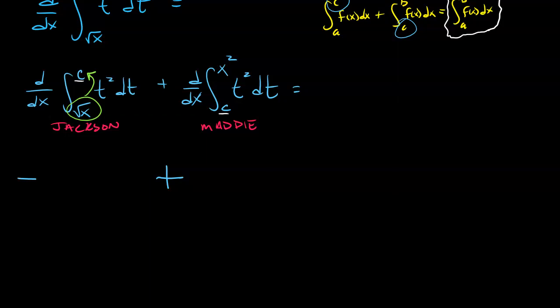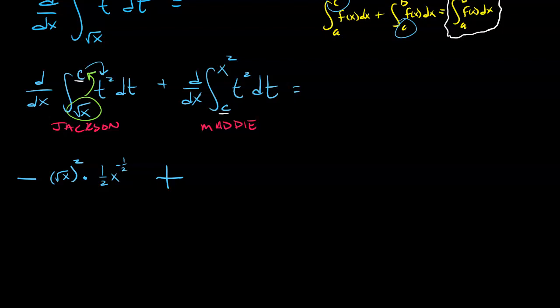And then I'm going to plug square root of x in place of t. So we've got the square root of x squared times the derivative of the square root of x, which is 1/2 x to the negative half.